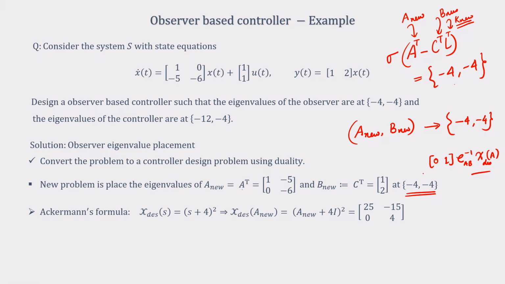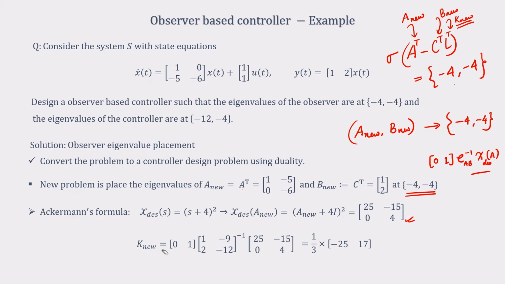To use this formula, you see the desired characteristic polynomial is s plus 4 whole square. Then in place of s I can put A new, and this will become A new minus 4 I whole square, which comes out to be this. Then K new will be 0 1 times the controllability matrix inverse, times chi desired of A new, and from here this will be the K new that I get.